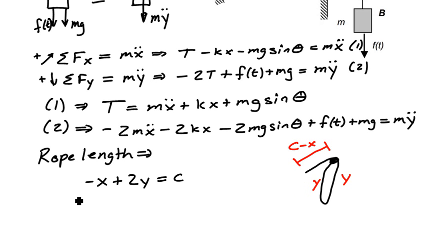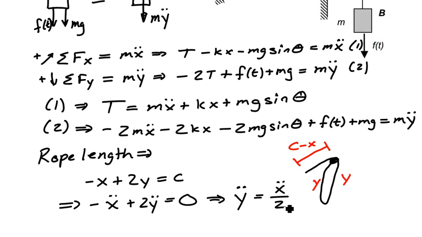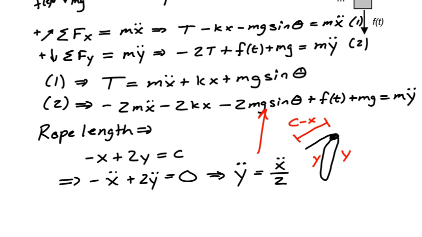Now if I have that, I can take the second derivative of that and note that minus x double dot plus 2y double dot has to equal 0, which of course gives me that y double dot has to equal x double dot divided by 2. If I take that result and plug it back into the equation that I previously found, what I'm going to end up with is the following.